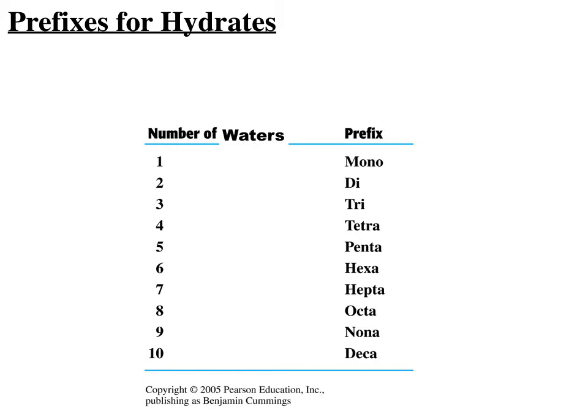Please, again, I remind you, there will be cases I will give you hydrated compounds and ask you to give me the name. So you should state in front of the word hydrate for them these prefixes. Or if I give you a name including these prefixes and the word hydrate, you should write in the empirical formula an appropriate number of water molecules attached to the empirical formula to represent the right structure.